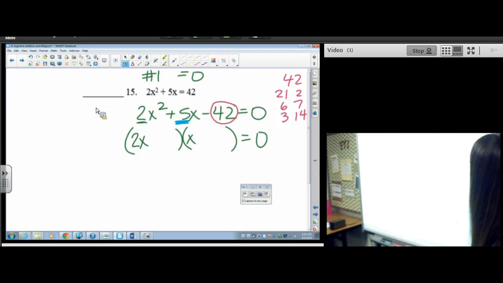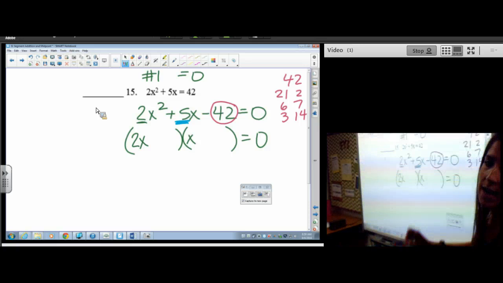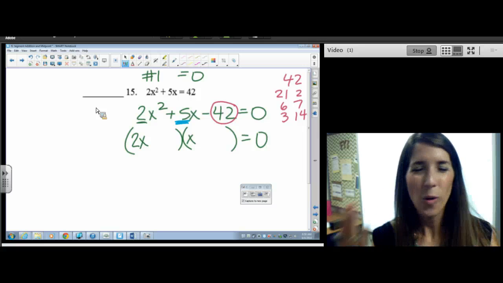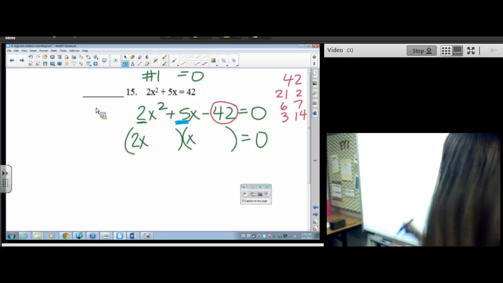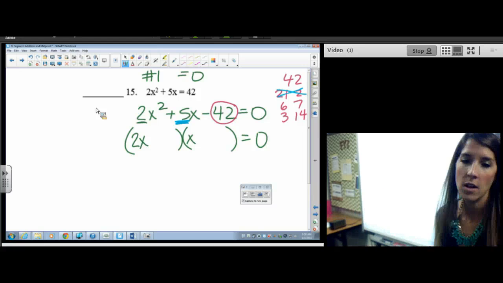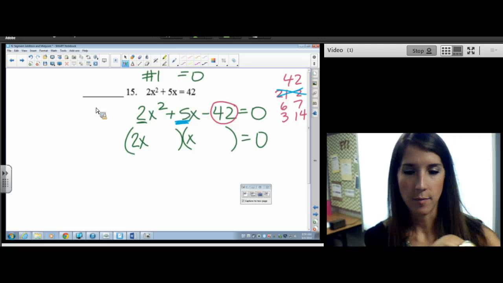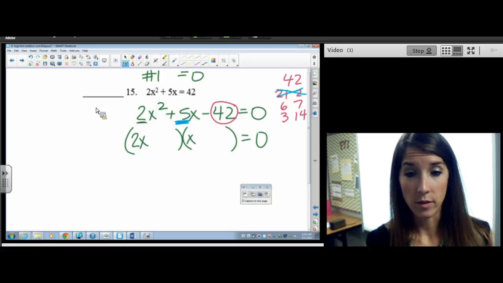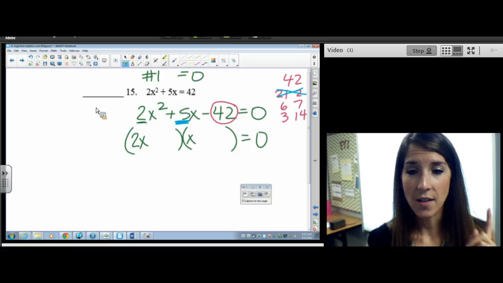If I double 2, I get 4. Can I make a 5 out of a 21 and a 4? No, those are too far apart. And I know if I double 21, that's not going to help me at all. So that pair is now gone. Okay, let's try the next pair. If I double 6, I get 12. Can I make a 5 out of a 12 and a 7? Ding, ding, ding!